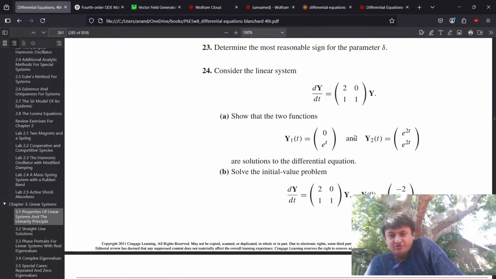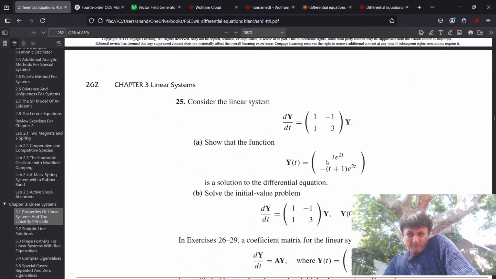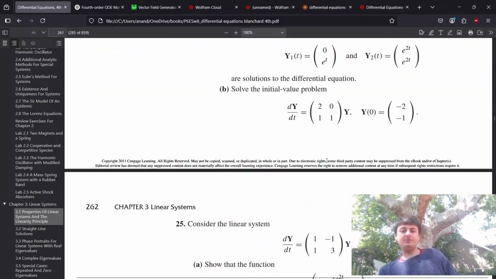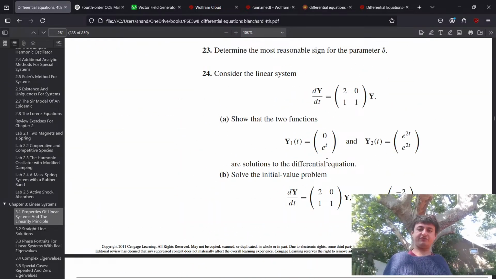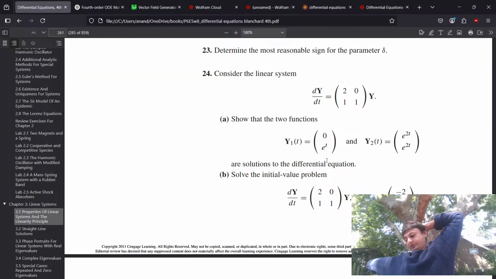Okay, 24, show that, that's boring. Maybe we'll do this just for the initial value problem part. All right, let's do it.